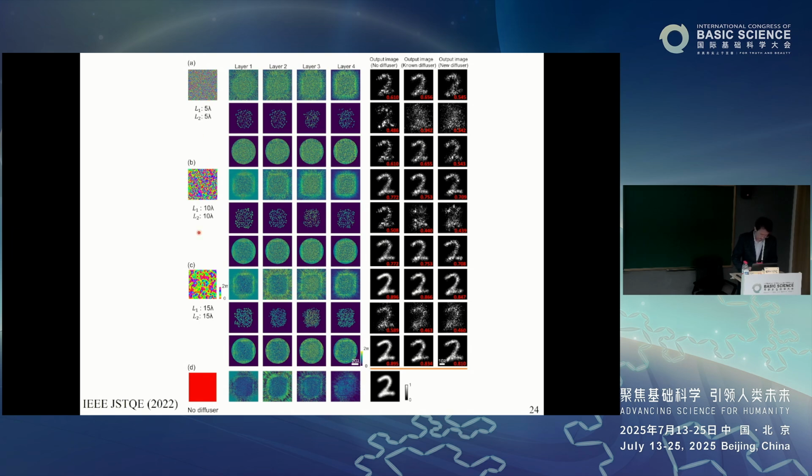diffusers. So here we demonstrate the network settings, learning process, as well as generalization capabilities of the diffractive networks for different phase diffusers. The diverse set of phase diffusers was split into two groups.